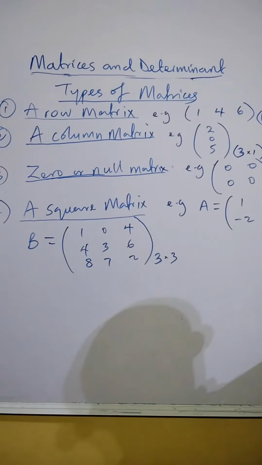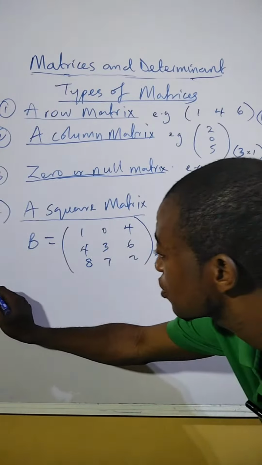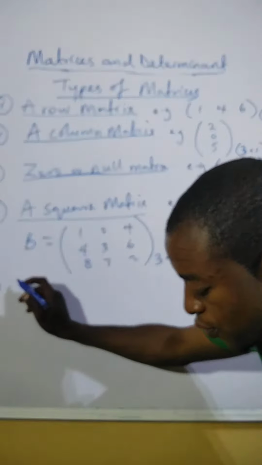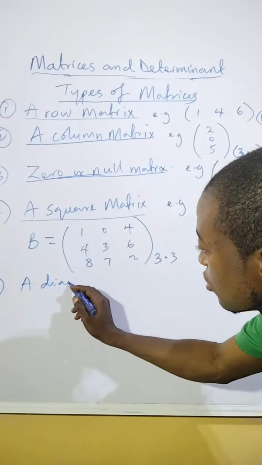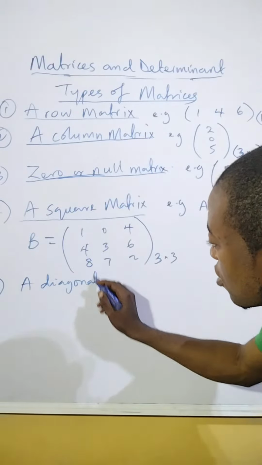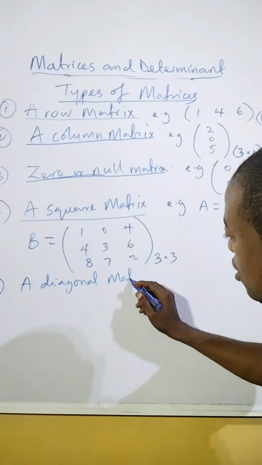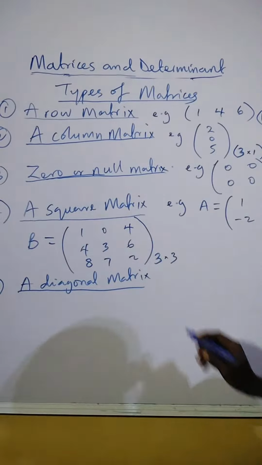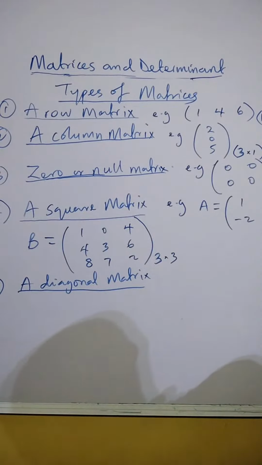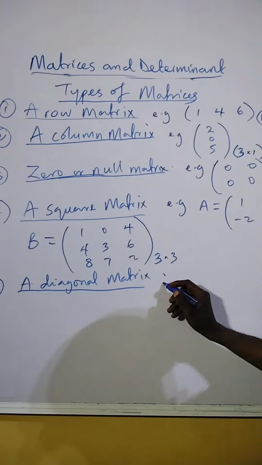Now, another type of matrix, number 5, we have a diagonal matrix. A diagonal matrix. This matrix is actually a square matrix.